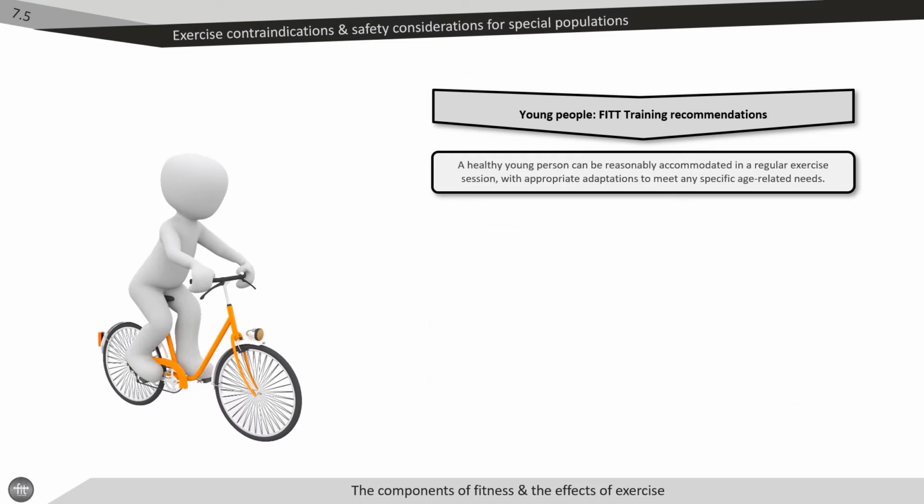A healthy young person can be reasonably accommodated in regular exercise with appropriate adaptations to meet any specific age-related needs.